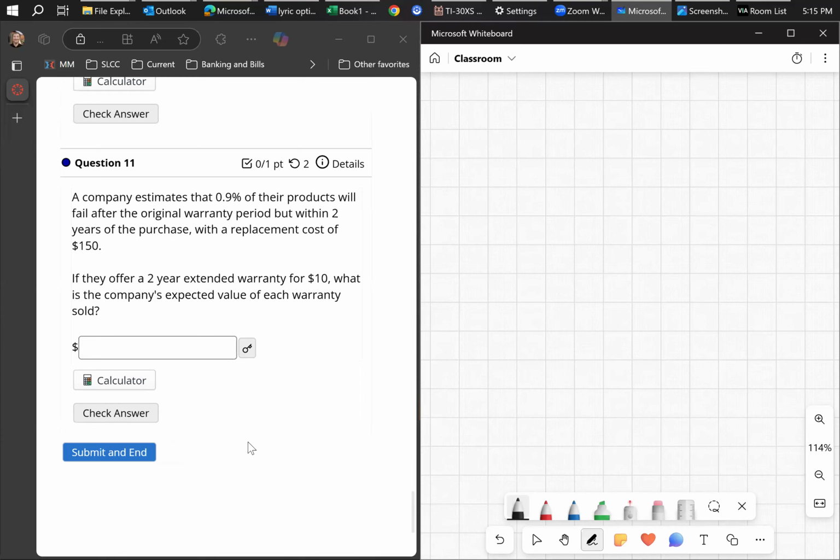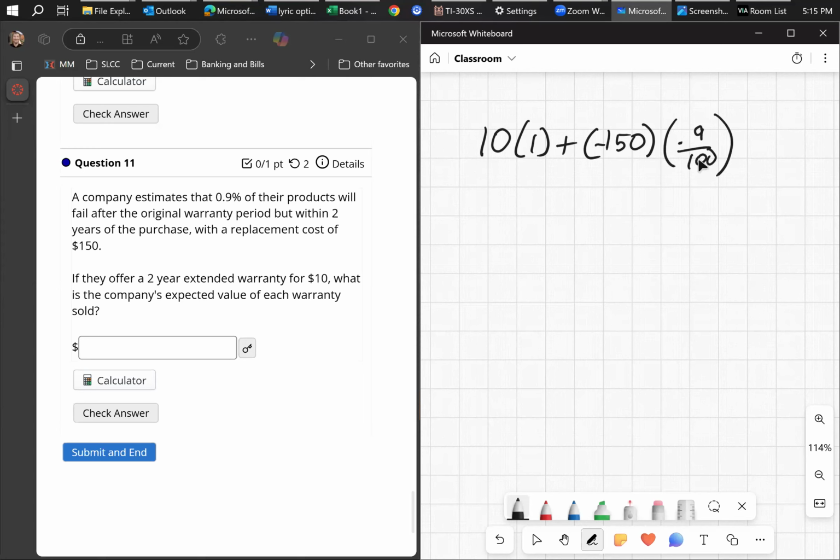So to the company, since this costs money to start, $150, let's see, it costs $10. The company makes $10 guaranteed. And then they lose $150, 0.9% of the time.